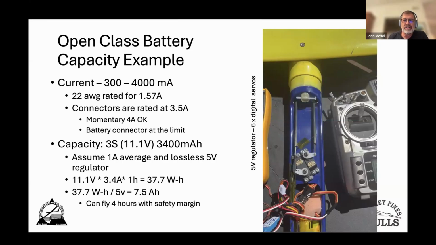Assuming we're running 1 amp average for easiness, the energy is, as I said before, current times voltage times time. So 38 watt hours. Then I can divide by voltage again to get amp hours. So it's 7,500 milliamp hours, 7.5 amp hours, which means I could easily fly this plane for 4 hours. And actually bench testing it, I could fly it much longer than that. But with high safety margin, 4 hours is the calculation.